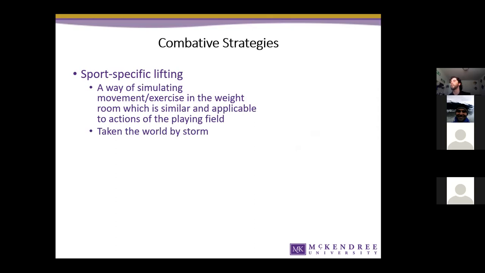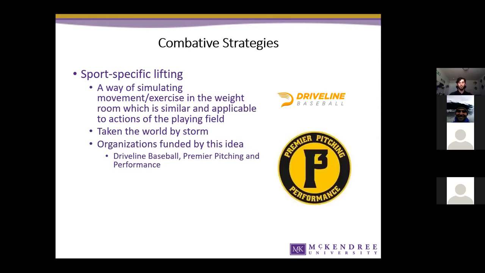So this has absolutely taken everything by storm, and organizations have come together and have been created. Driveline Baseball for one, Premier Pitching and Performance for another. These organizations have dedicated years of research to creating programs that are tailored to specific athletes so they can be strong and be healthy on the field of play.